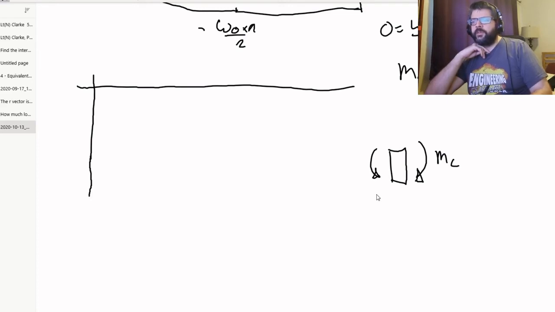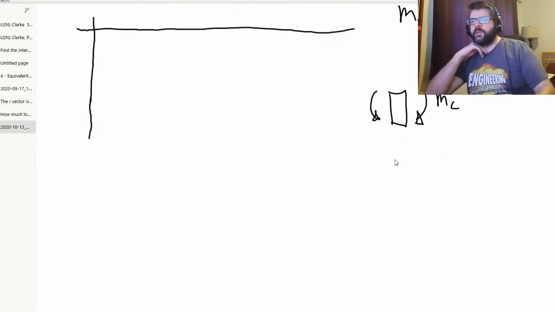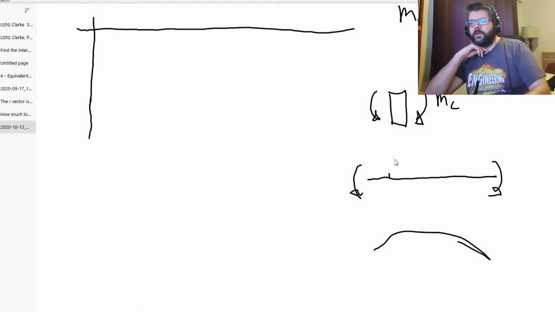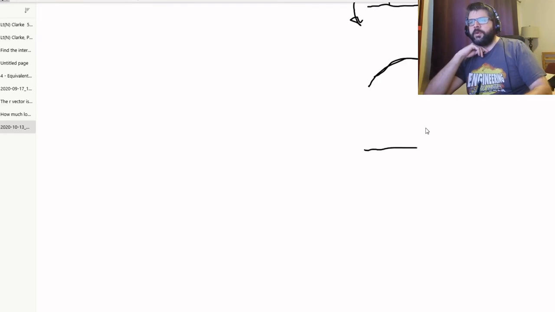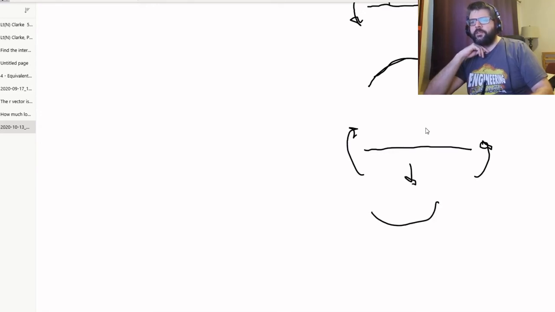So that is going to be a negative moment, because we use the sign convention that a negative internal moment is a type of bending which would cause something to turn into a frowny face. Whereas if we had a positive internal moment, that would cause this thing to turn into a smiley face.